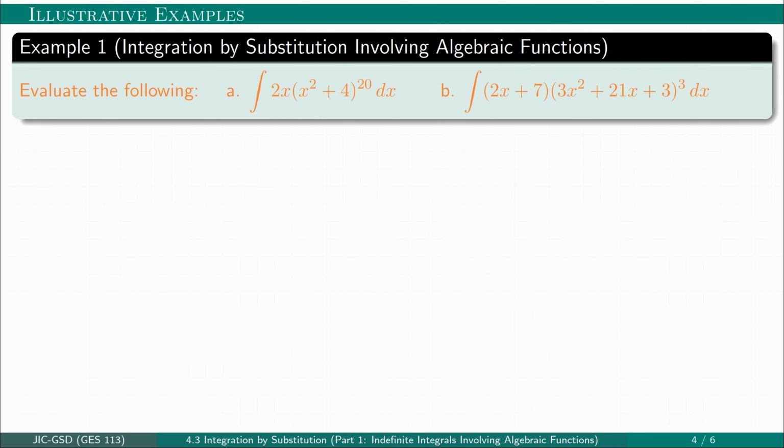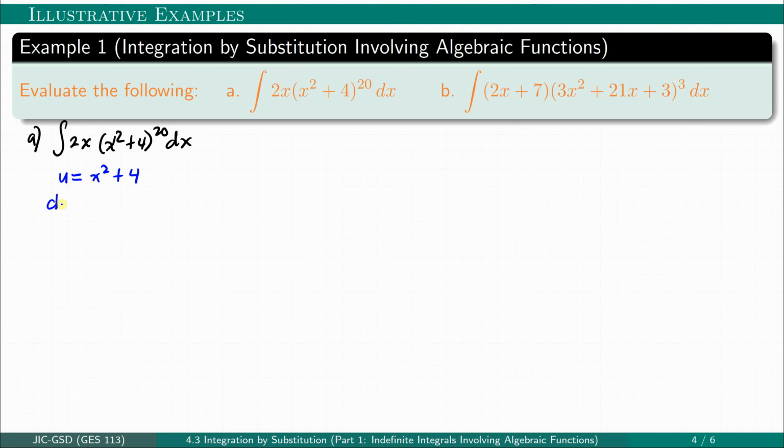For our first example, suppose we have integral of 2x multiplied by x squared plus 4 raised to 20 dx. In this case, we have 2x multiplied by x squared plus 4 raised to 20. Let's try the substitution x squared plus 4 as our u. Then we take the derivative of both sides.